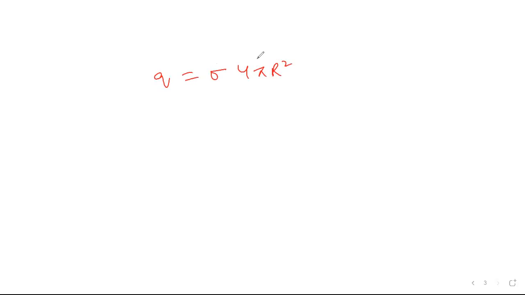We're assuming it is perfectly spherical. 4 pi r square is the surface area of the Earth, where sigma is charge per unit surface. It is total charge on the Earth over its surface area, 4 pi r square. So the total charge Q is simply sigma times 4 pi r square. R is the radius. So let me put the numbers.